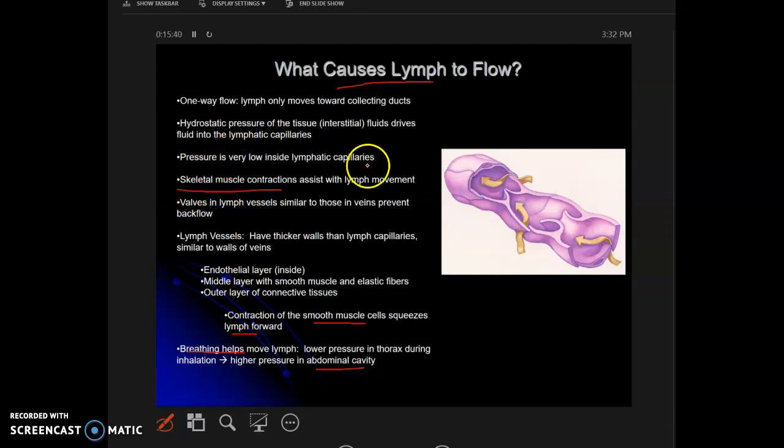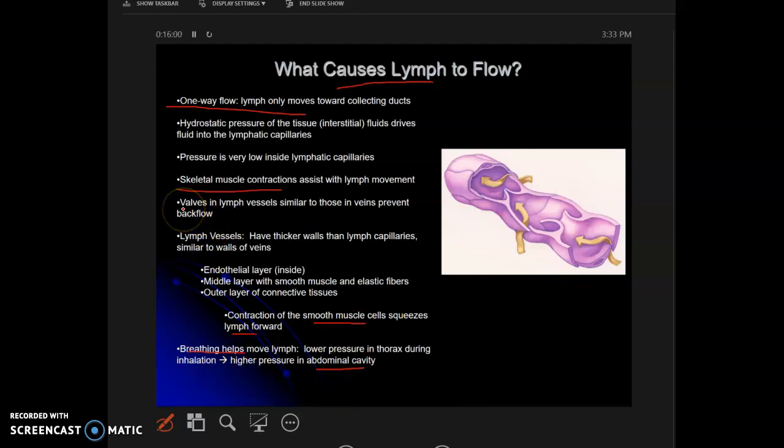So there is no pumping organ, all right? One-way flow of the lymph is maintained through what? What did I say? Skeletal muscle contraction, contraction of the smooth muscles, they will squeeze the lymph forward, and then there is the breathing.